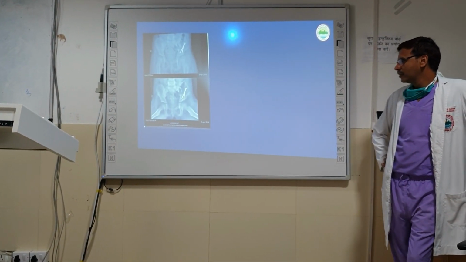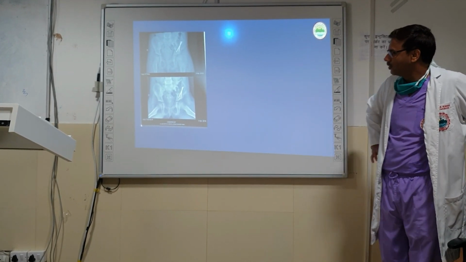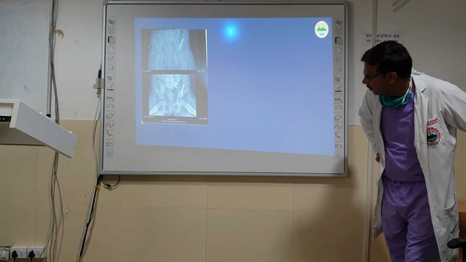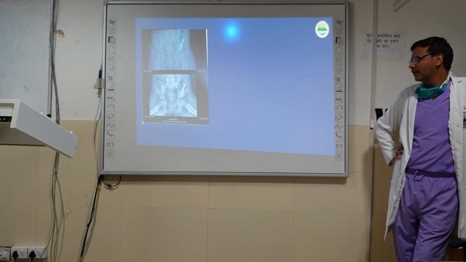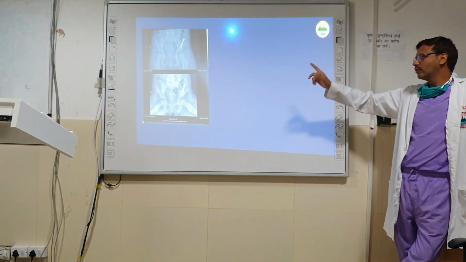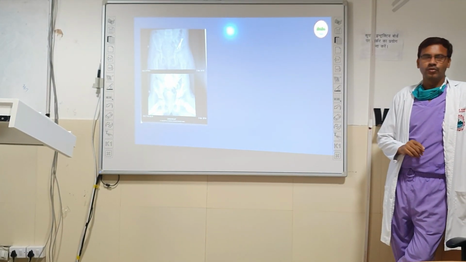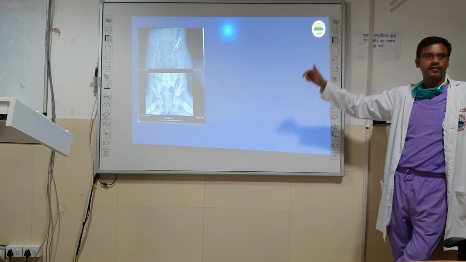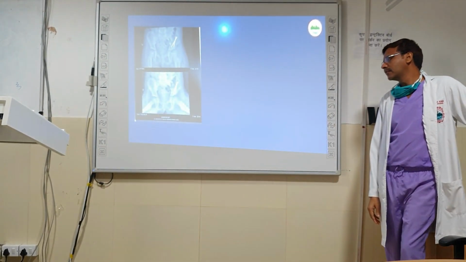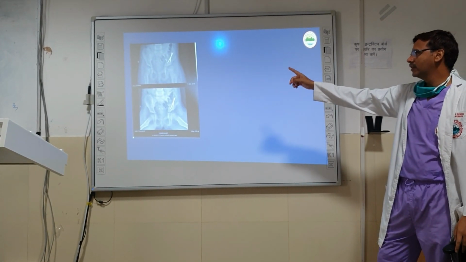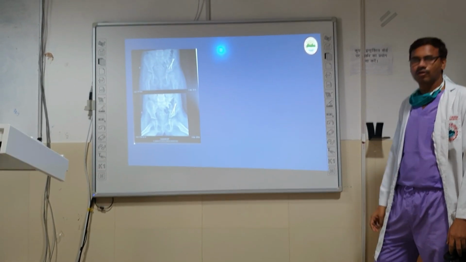Here is a patient who came to me, a 6-year-old female. Initially, at 2 or 3 years of age, this child was operated in Safdarjung Hospital with Salter's. You can see this is Salter's, internally fixed by K-wires. You can see that here there is lateral uncoverage and the acetabular index is not good.